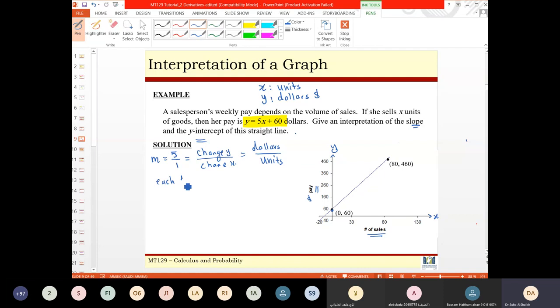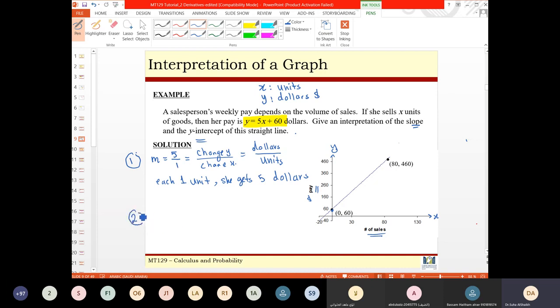معناها for each 1 unit she gets $5. صارت واضحة؟ Let me write it as dollars زي ما كتبناها هنا. فهذا ال first thing. أخذت السلوب and I interpret the slope.